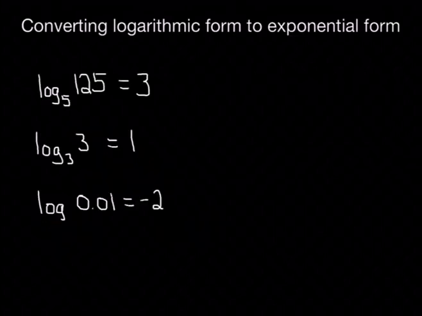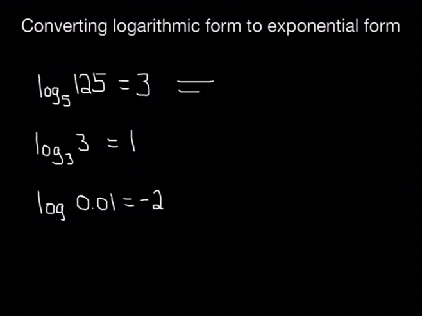Since there is a relationship between logarithmic functions and exponential functions, let's learn first how to convert from logarithmic form to exponential form. This first example is read as the log of 125 in base 5. The log of 125 in base 5 is equal to 3.